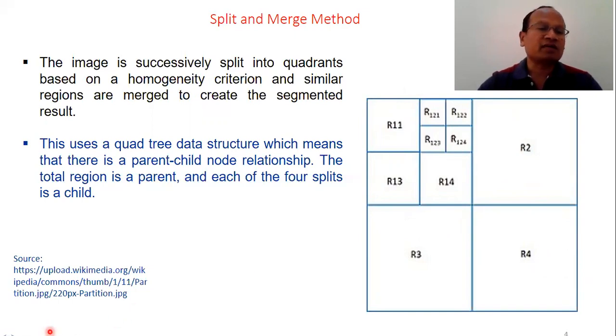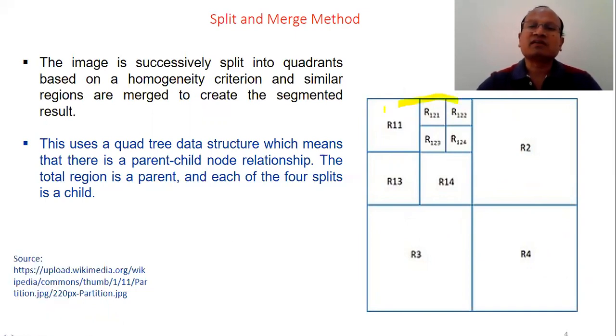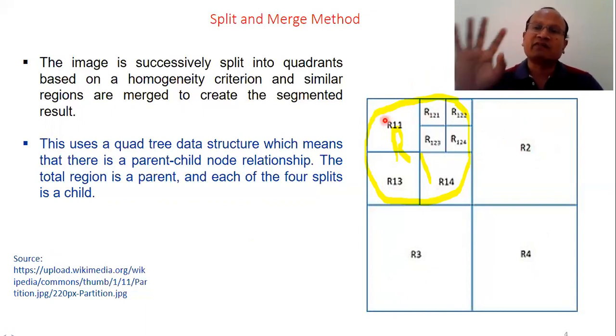Now look at R1. It is again split into four parts, R11, R12, R13 and R14. So R1 is the parent and there are four children.